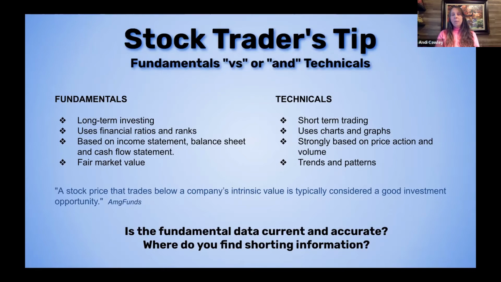They're expecting that stock price to rise until it's balanced out. They calculate that by using all of the financial statements from the company and calculating a lot of different ratios to figure out what the fair market value is.